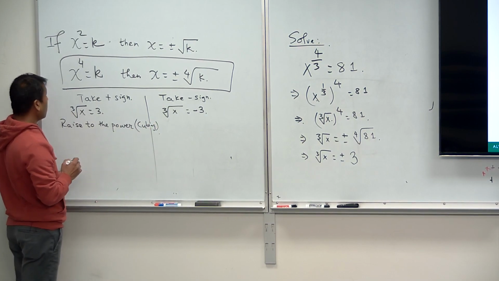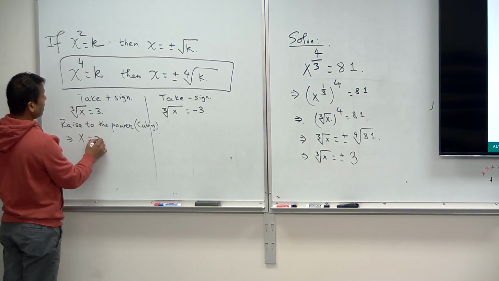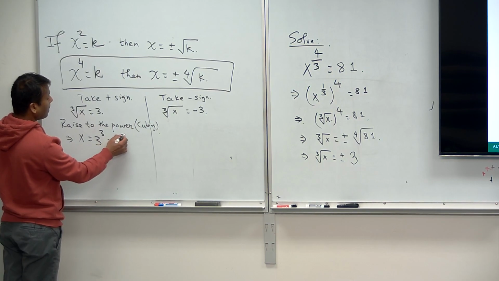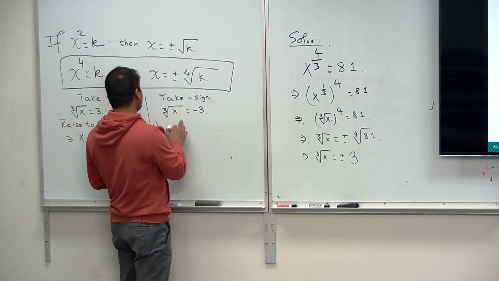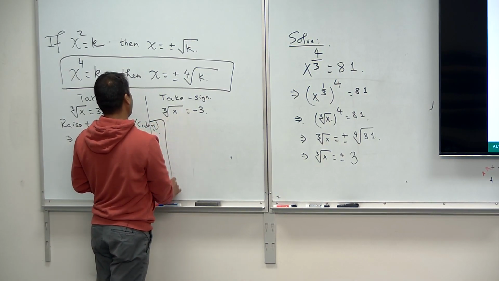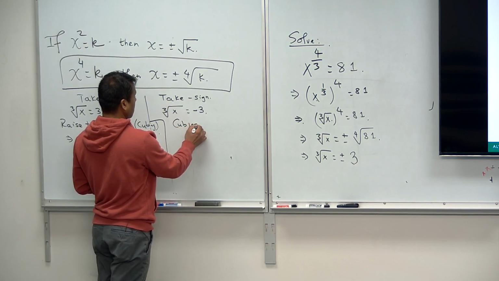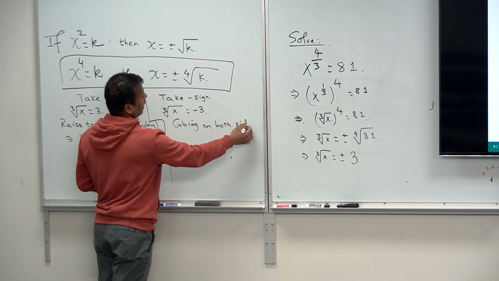So what is this? If you raise to the power 3, it should be x, right? And this is 3 to the power 3. What is 3 to the power 3? 27, right? Do the same thing here, cubing on both sides.